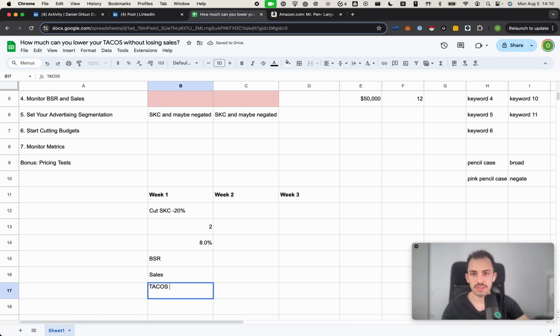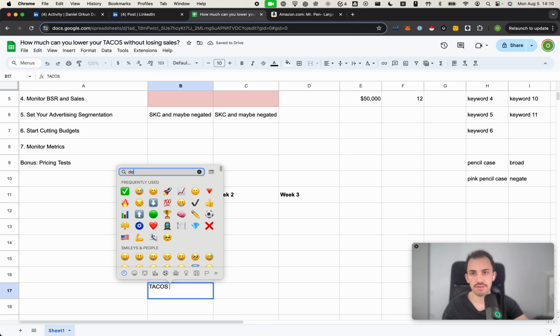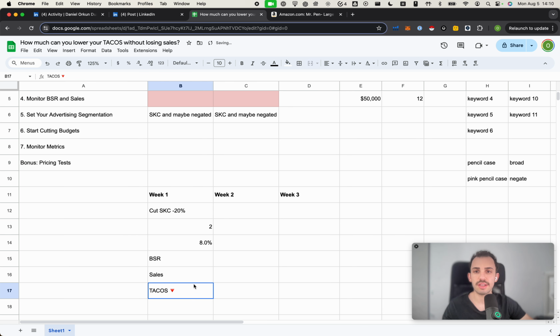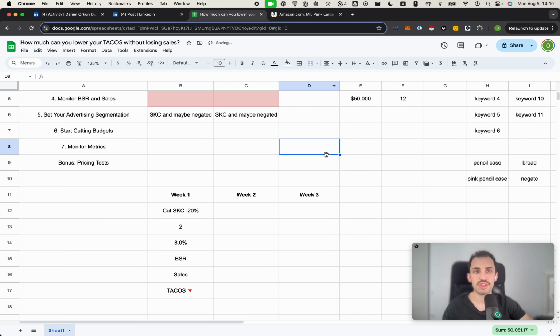What I only want to see is that my TACOS is actually going down. This is the only thing that I want to see, and everything else should stay, I would say, as is.